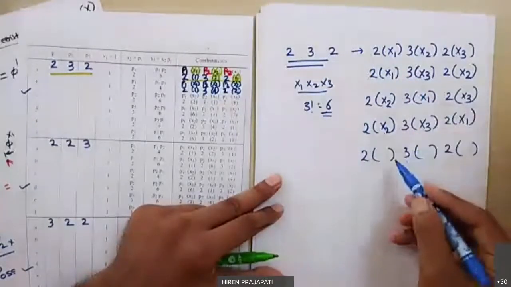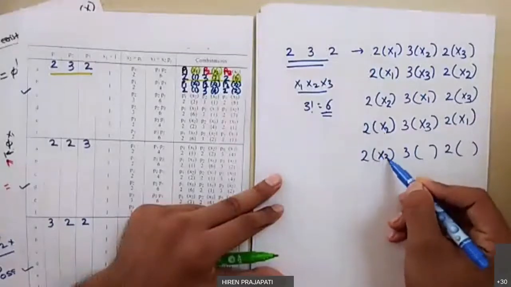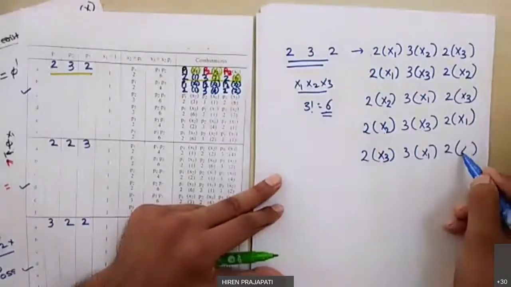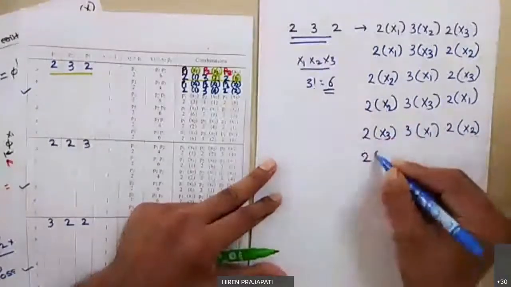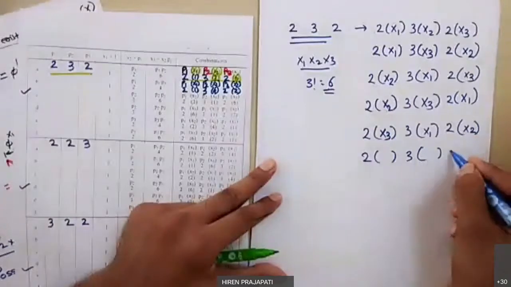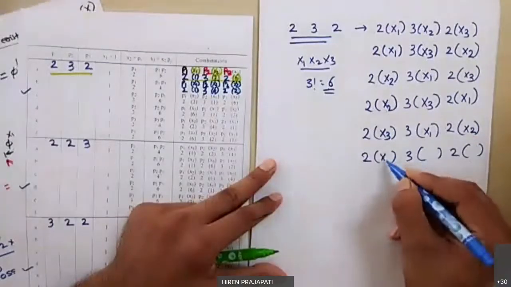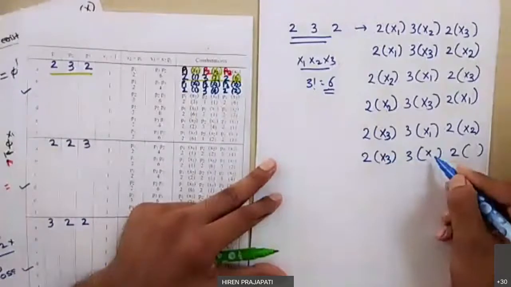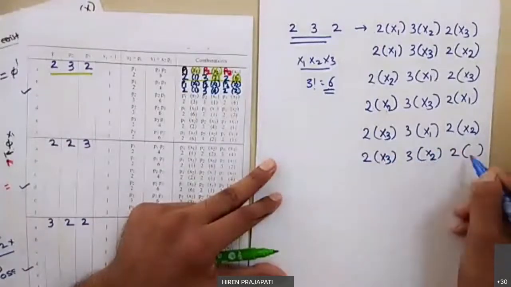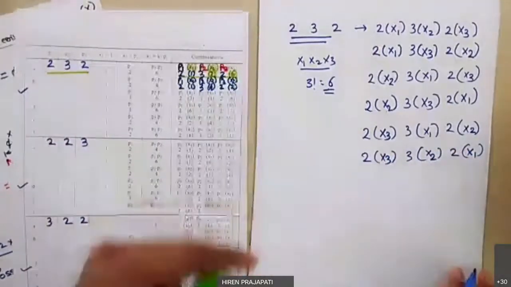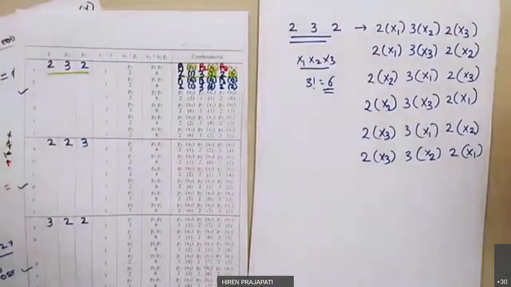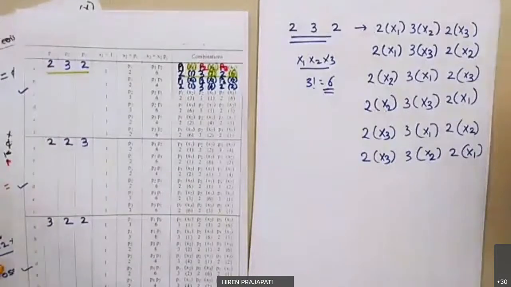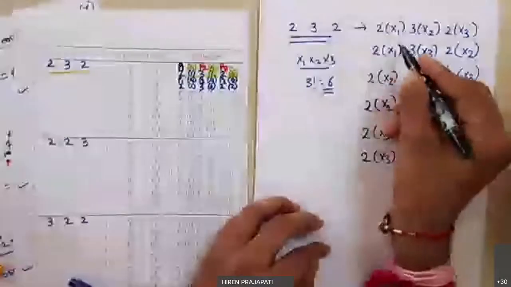So that is what I am showing here. So now we are writing x3 first, x1, x2, and the last possibility for 2, 3, 2 is: stage 1 unchanged, now let's take x2 in stage 2 and x1 in the last stage. Right? So this is how the possibilities for one stage arise.